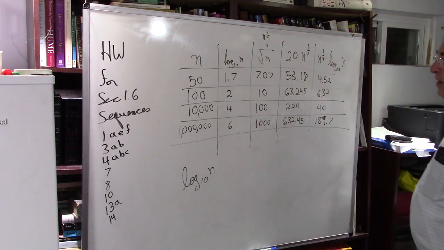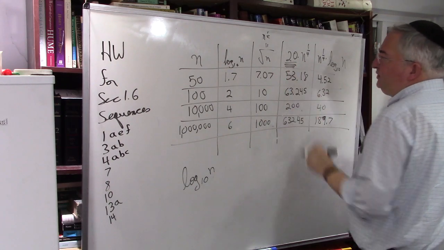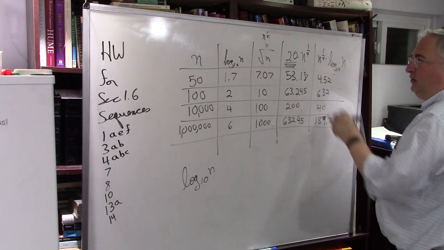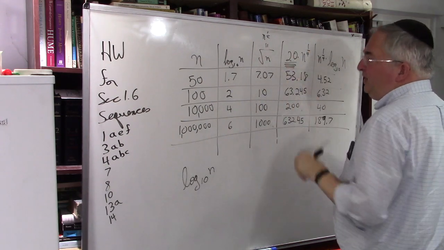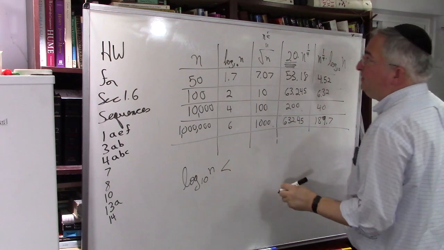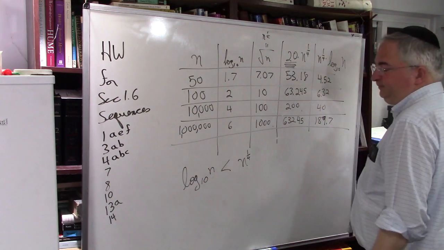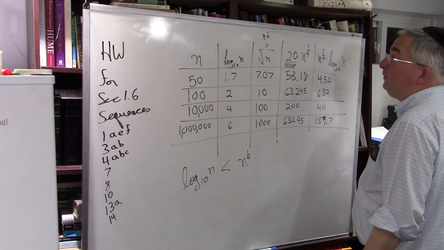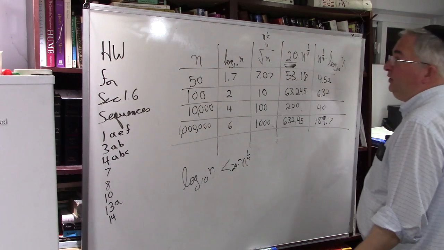Now, you're going to learn in analysis of algorithms, leading coefficients like that are unimportant. So n to the 4th is a smaller polynomial than n squared. We'll multiply it by 20, but that's not really important.